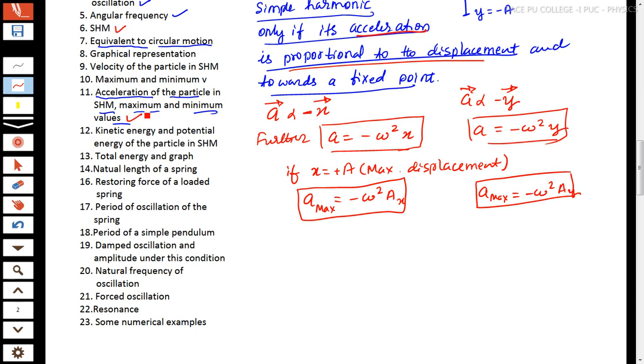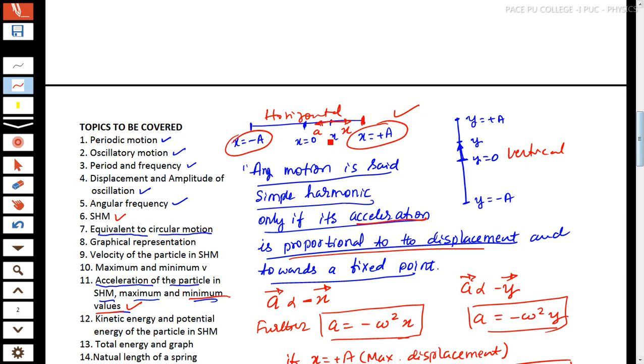The 11th point, which is acceleration of the particle in simple harmonic motion, where it can assume maximum and minimum values. Of course. So what does minimum value mean? At the midpoint, that is this one, or mean position, the value of x is 0. That is the minimum value of x.